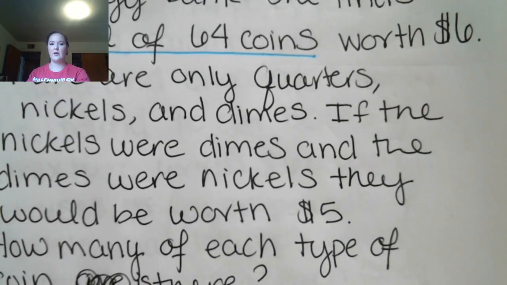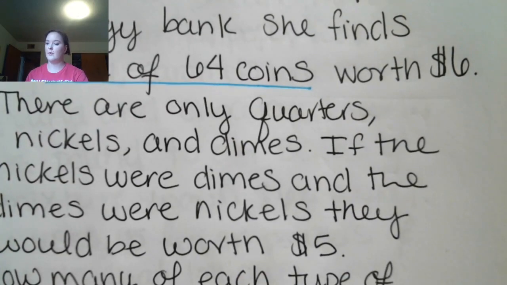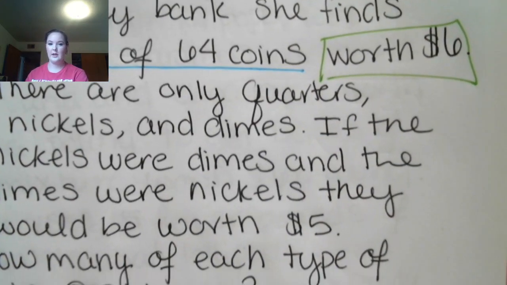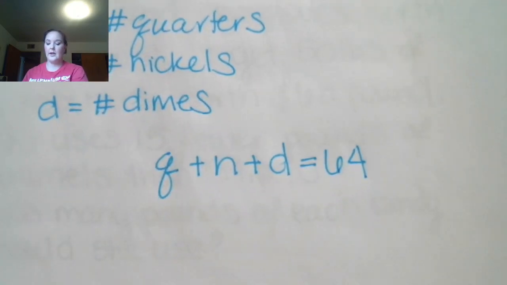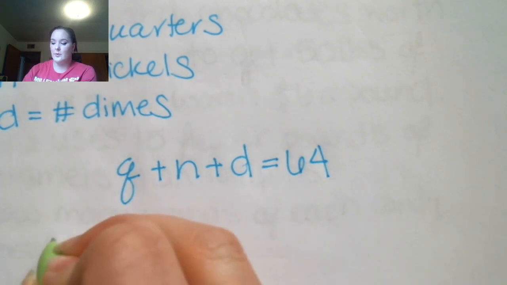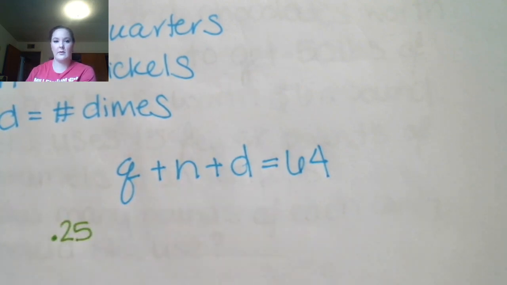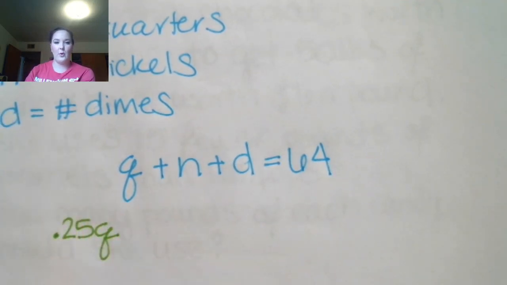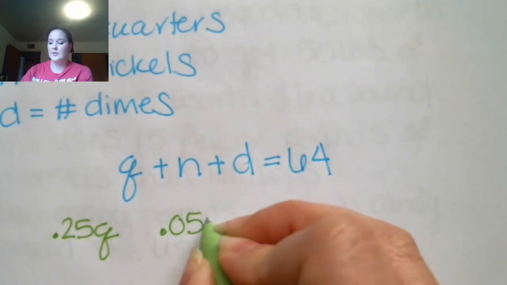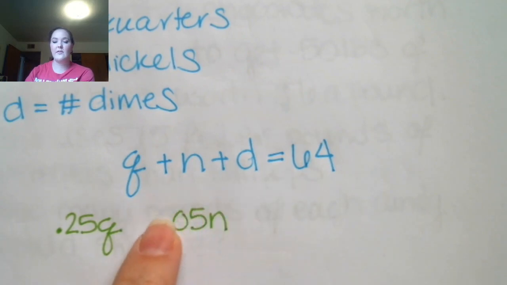Then I'm going to focus on the value of them. So it says they're worth $6. So what I'm going to do is write an equation about the value. Each quarter is worth 25 cents, times the number of quarters, which is Q. So that will give us the value of all the quarters. Then I could do 0.05 times the number of nickels, and that will give me the value of all of the nickels together.